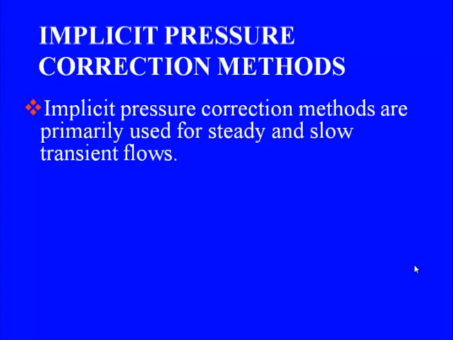Now, these implicit pressure correction methods are primarily used for steady and slow transient flows, and once again the basic process is very similar to what we discussed earlier in the case of explicit time integration techniques. That is to say, we would first find out a velocity field which does not satisfy the continuity equation, then we will solve a Poisson equation for pressure and incorporate a correction term which would enforce the continuity, thereby obtaining a velocity field which is divergence free.